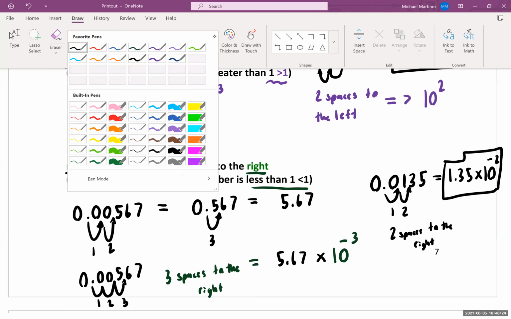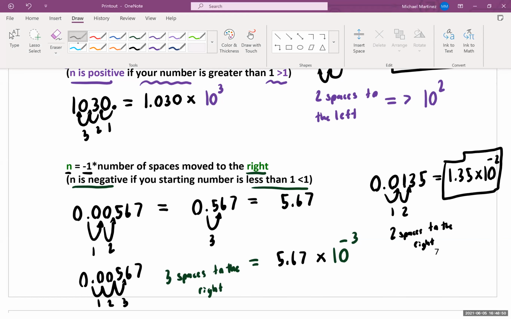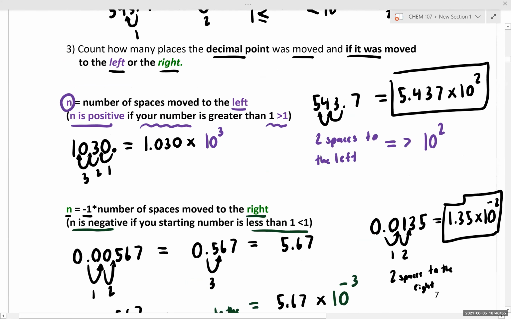So we've talked about the rules for multiplying by positive and negative powers of 10. We've also talked about the methods to take numbers and write them in scientific notation and the rules to properly write numbers in scientific notation. One thing I want to show everyone is a method to check our work. So if we started, for example, with 1030 and we wrote it as 1.030 times 10 to the third, if we want to check our work here, this is just our little comprehension check.